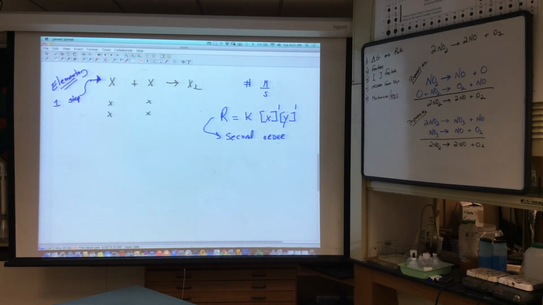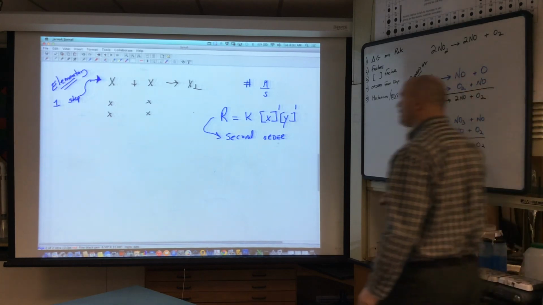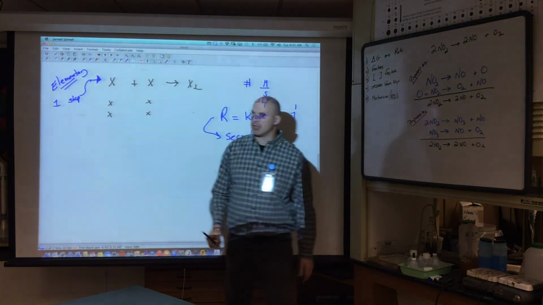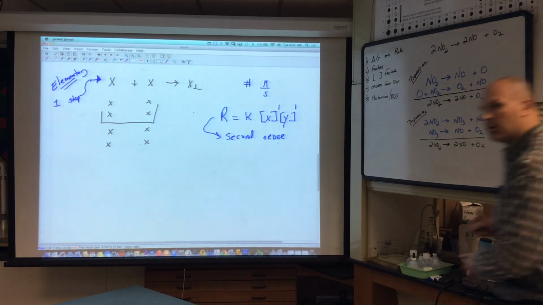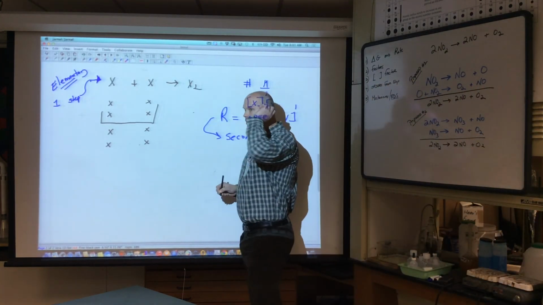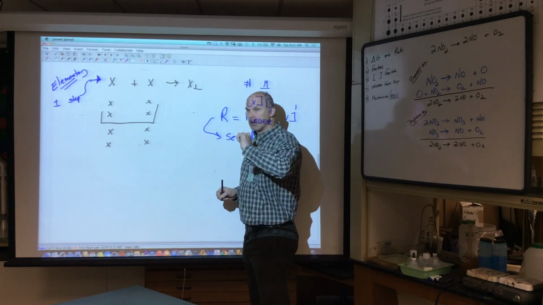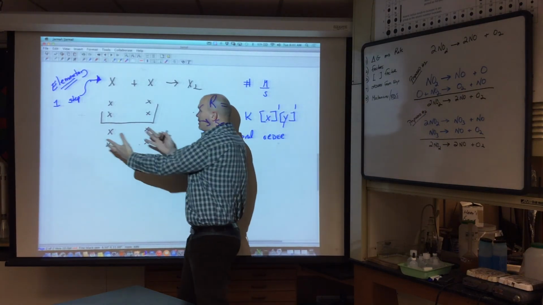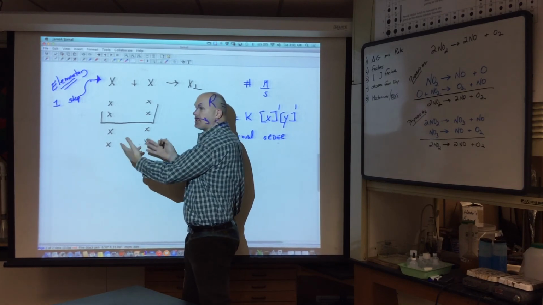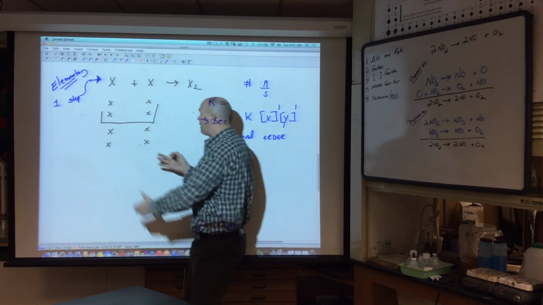Okay. Now, I double the X concentration. Here are my initial conditions, and I double the X concentration. What's going to happen to the rate? It's going to increase 4 times. By doubling X, which is on both sides, the X's have 4 times the ability to collide.